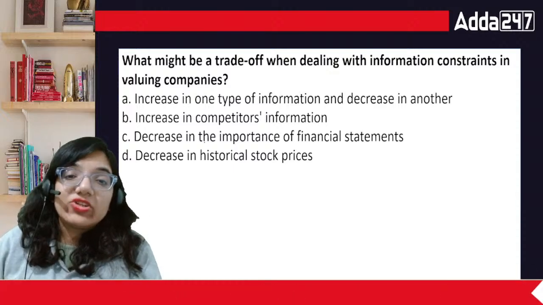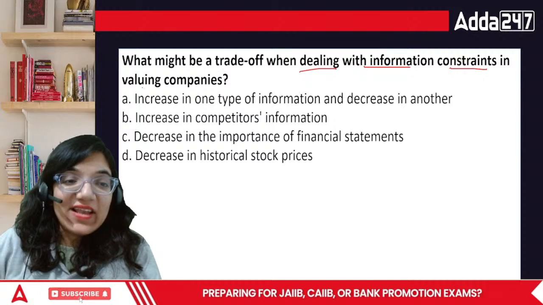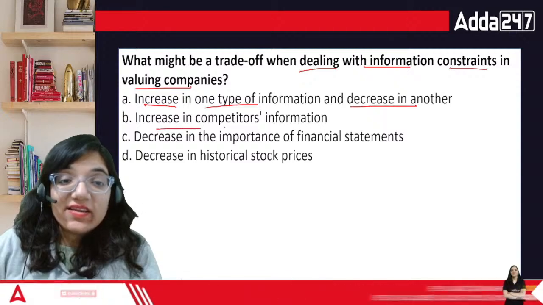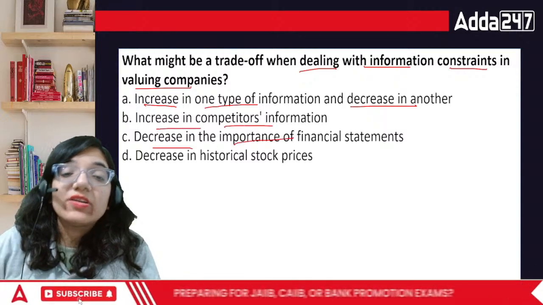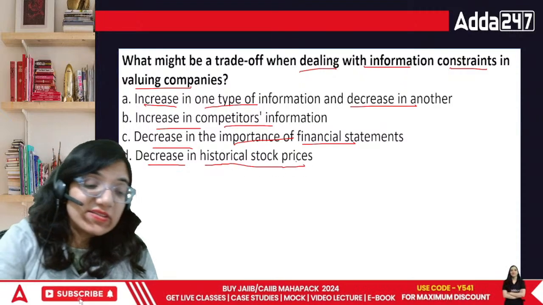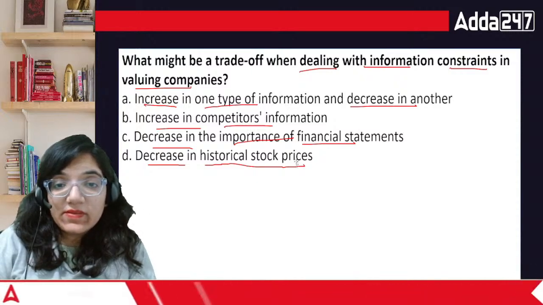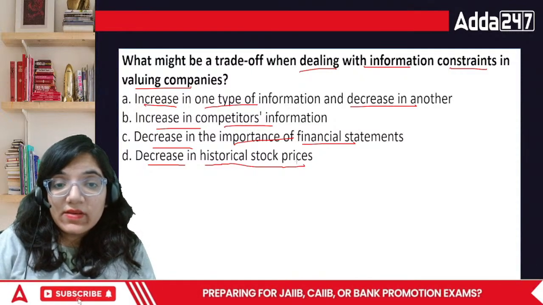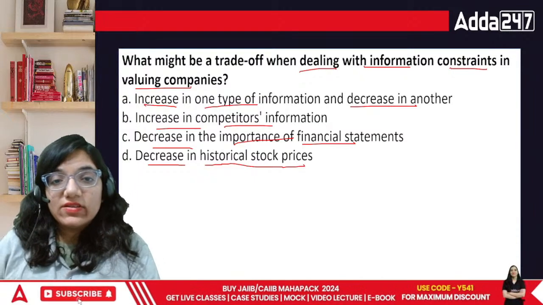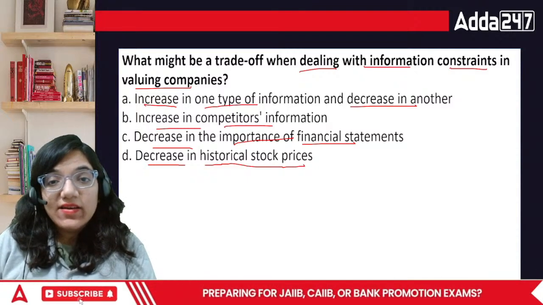What might be the trade-off when dealing with information constraints in valuing companies? Increase in one type of information and decrease in another. Increase in competitors' information, decrease in importance of financial statements, or decrease in historical stock prices. What's going to be the answer, everyone? See, when we talk about the trade-off, that is basically looking toward balancing.